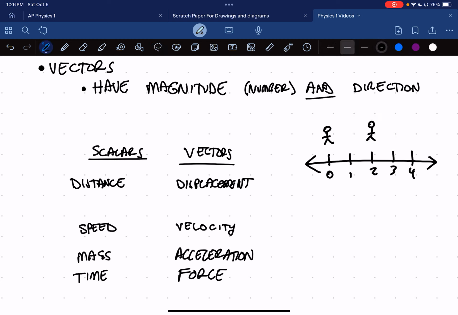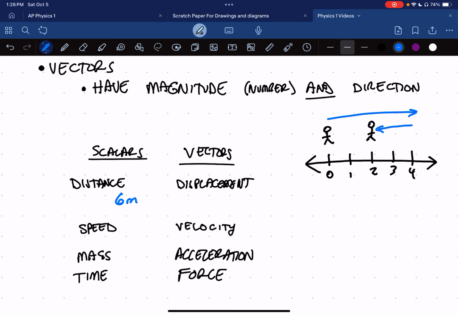Okay, let's go back to distance. The distance that you walked was 4 units this way plus 2 units that way. So you walked a total of 6. Your distance was 6 meters, let's say, if this unit is meters.